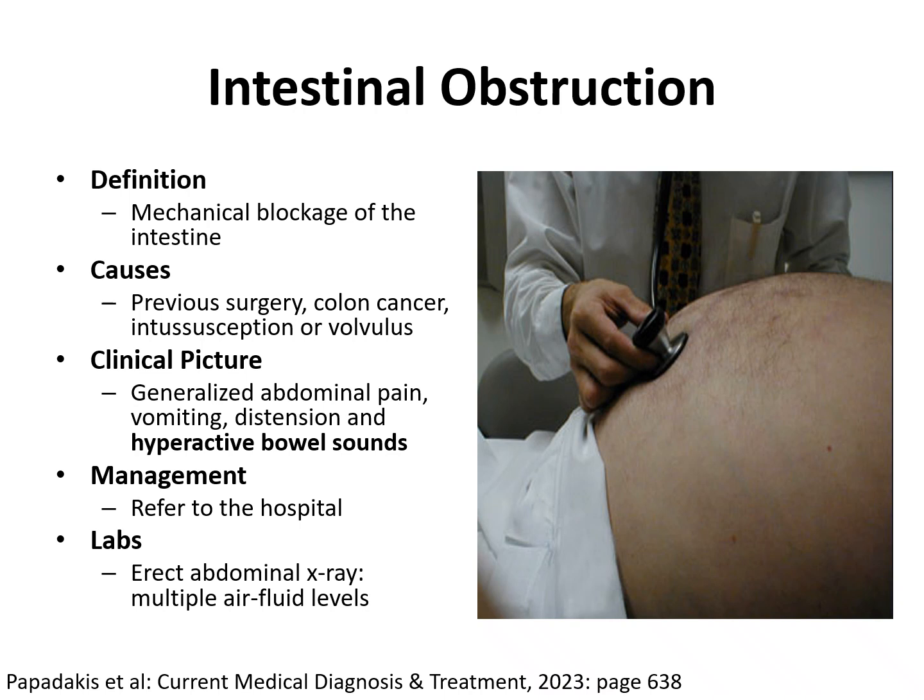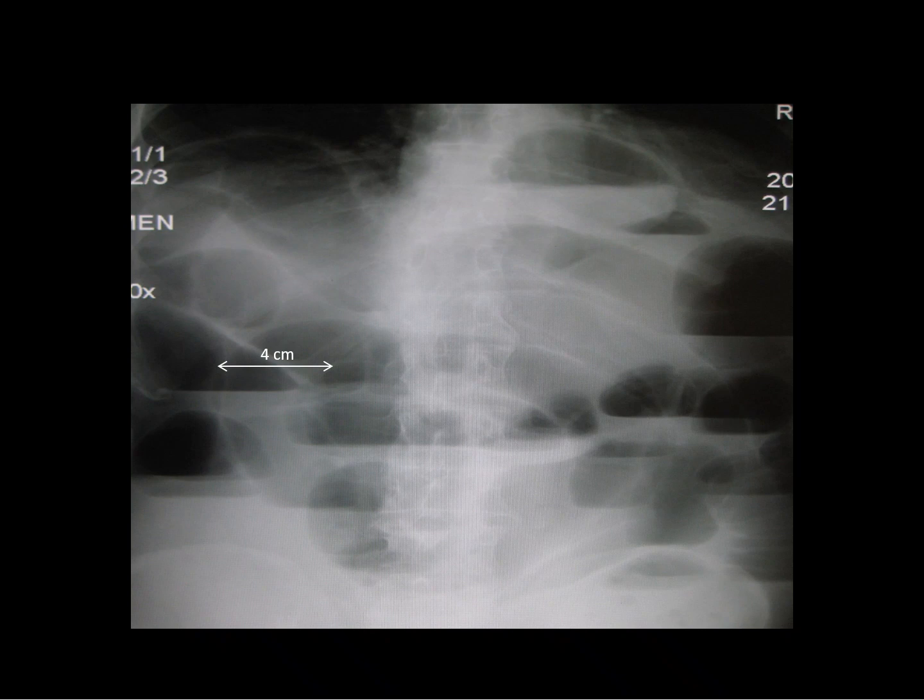Management of a patient with suspected intestinal obstruction is to refer urgently to the hospital. In the hospital, in the ER, they will order again an erect abdominal film, and what you're looking for is multiple air fluid levels. This is what the multiple air fluid levels in an erect film look like.